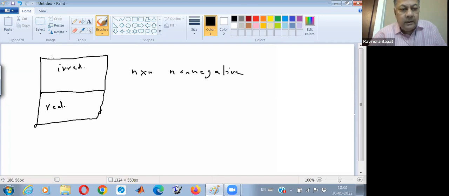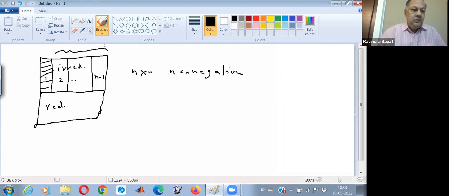And within irreducible, we have divided into several groups: index 1, index 2, and so on. Actually, I think the maximum will be n minus 1, because by any of those definitions, you can see that the maximum is n minus 1. So we have divided irreducible into further groups. This is the class which we are calling primitive, index 1. And this is the class we are calling imprimitive. So that is what we have done.